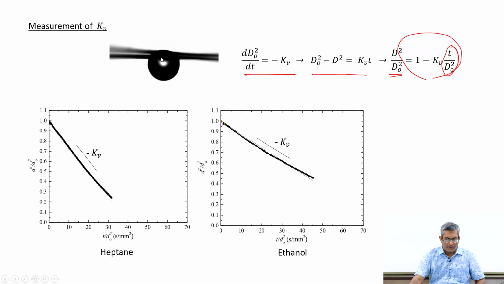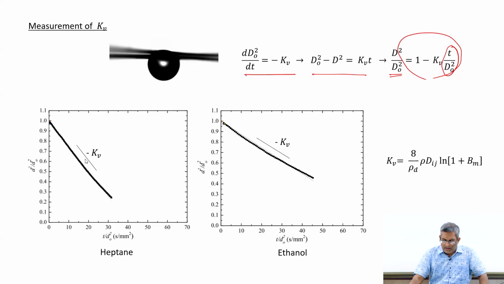We hang these droplets individually like this, and the vaporization process has been visualized using a high speed camera, and using image processing techniques we can calculate the size of the particle at different instants of time. If we plot the normalized surface area, you see that it indeed follows a linear trend, and the slope is nothing but the vaporization constant, the evaporation constant.